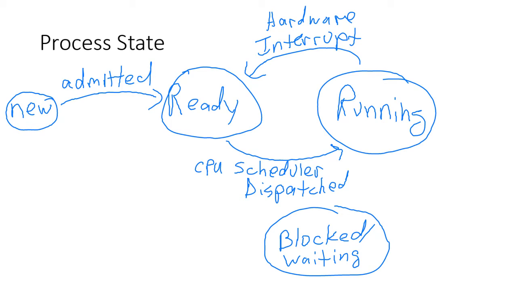What would cause a process to go from the running state to the blocked state, which we can also call the waiting state? It would be something that the process did. David says an I/O device, like a printer, but any input or output device.